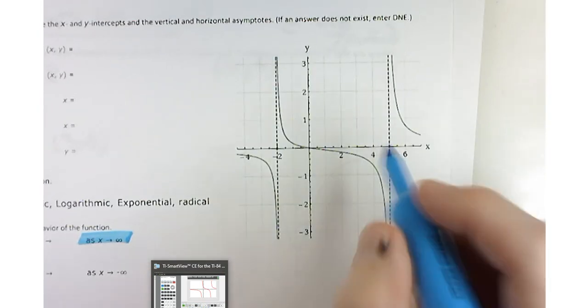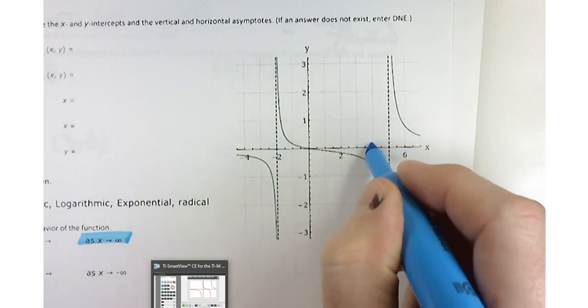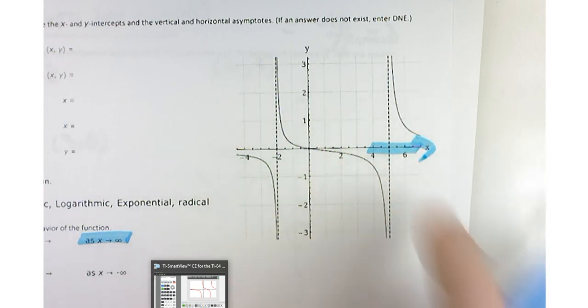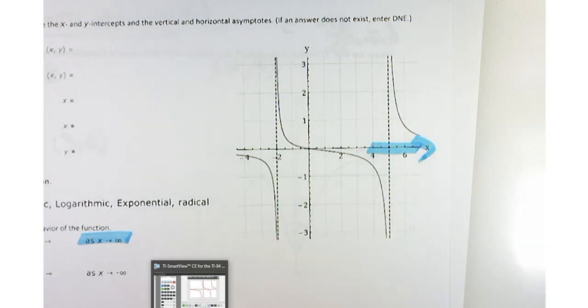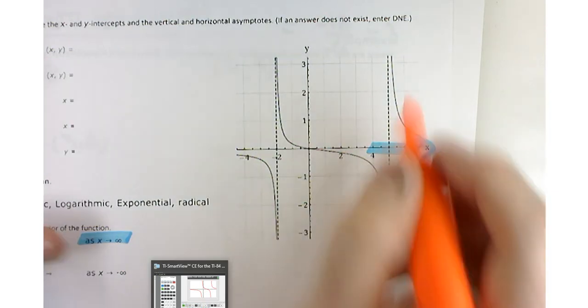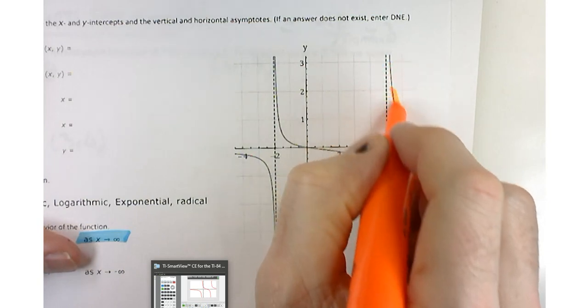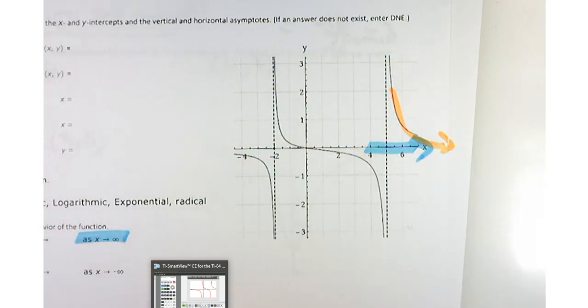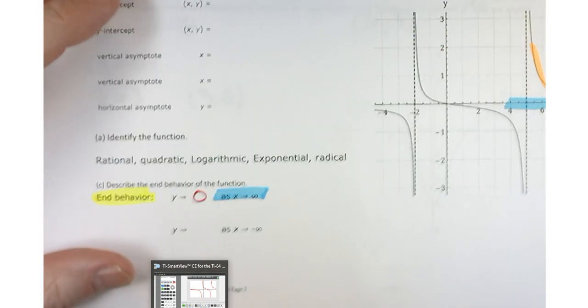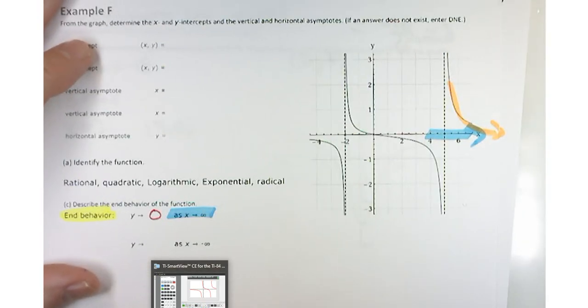As x approaches infinity, that's what happens when you go out the graph this way. Where does the y coordinate look like it's heading as x approaches infinity? Where does it look like it's leveling off? 0. Thank you. That would be your answer: as x approaches infinity, y approaches 0.